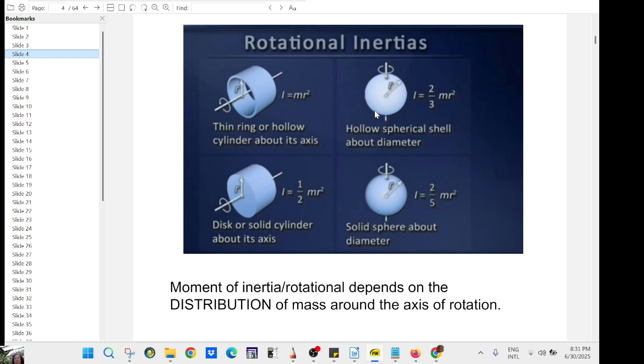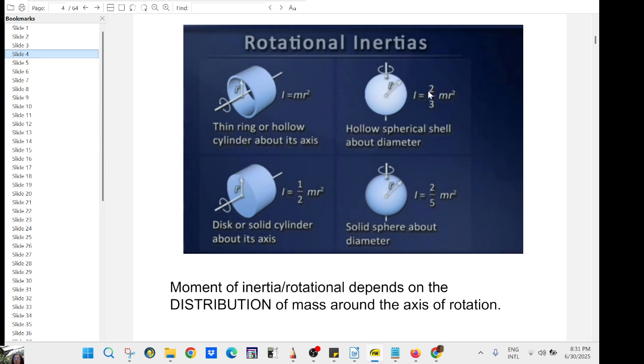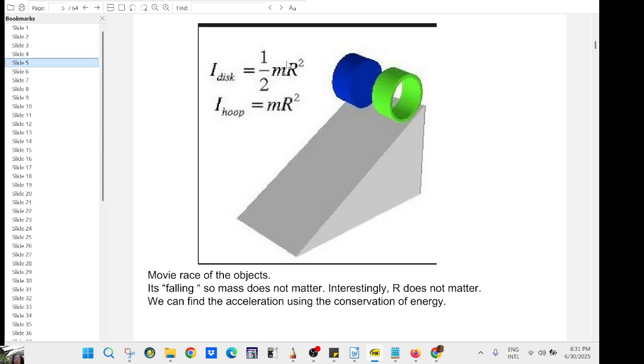So if you have a race on an inclined plane like this, the first one to reach the bottom will be the solid sphere. And that will be true regardless of the mass, because going down the inclined plane, the only force acting is gravity.